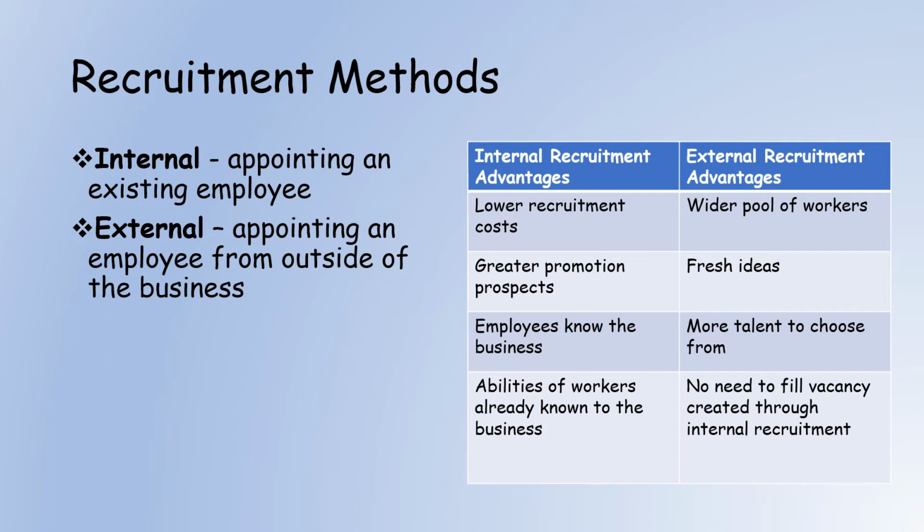External recruitment is finding somebody from outside the business who would like to come and work within the business. Businesses have to decide, should we recruit externally or should we recruit internally for any particular vacancy or position that they might have. Now, there are advantages to each, and as a good business studies student you need to know what these advantages are.